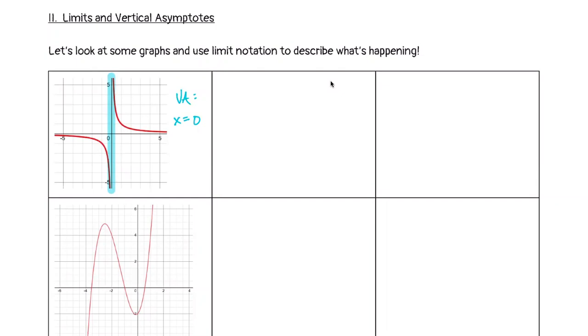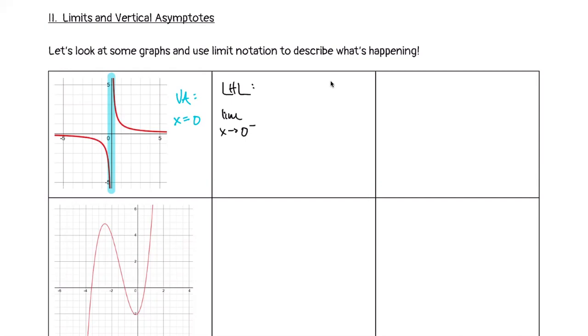Now, when we look at asymptotes, we like to see what's happening from the left and what's happening from the right. So if I wanted to write the left-hand limit using notation, I would write the limit as x approaches 0. Now, how would I say from the left? What do I need to include here in order to say from the left? Yeah, we need a superscript minus sign. Very good.